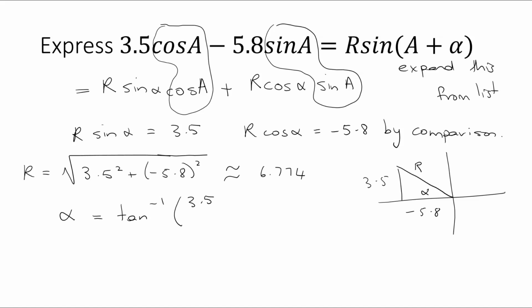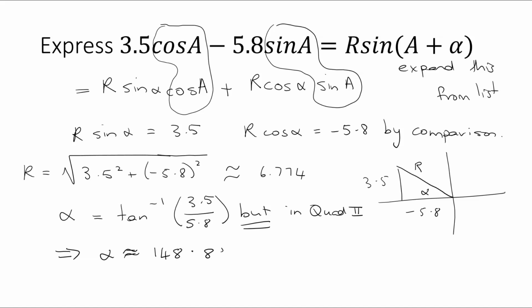And then alpha is going to be the inverse tan, or the arctan, of 3.5 over 5.8. The easiest way to do this is to just do the positive version, but remember that it's in quadrant 2, because that's where the triangle fits, with 3.5 vertically and negative 5.8 horizontally. That gives us, and I'm working in degrees just for today, that alpha is approximately equal to 148.89 degrees.